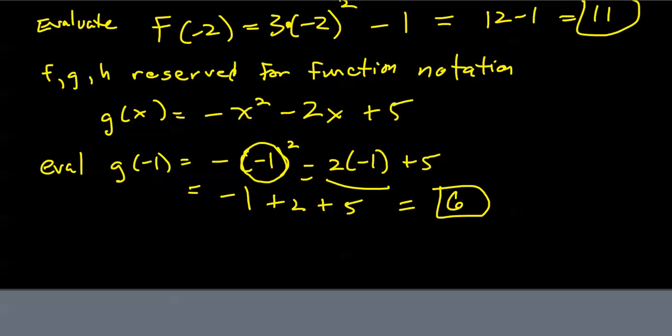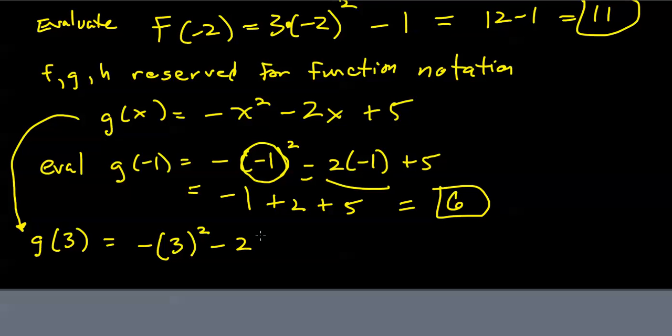How about g of 3? Again, using the above noted g of x polynomial function. Well, g of 3 is minus 3 squared minus 2 times 3 plus 5. Again, everywhere I see an x in my polynomial function, I now plug in that placeholder 3.